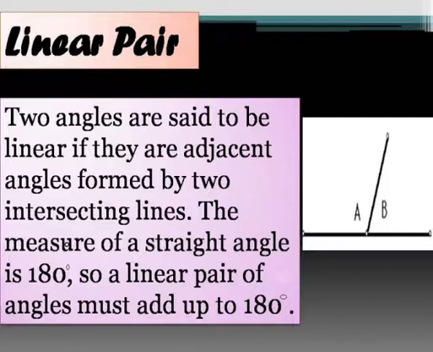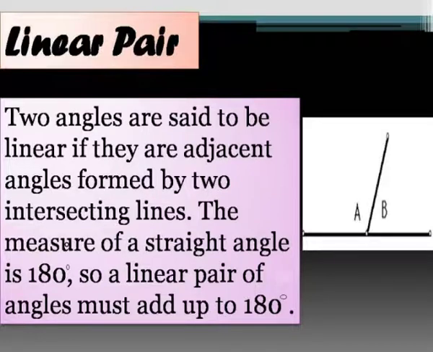We know that the measure of a straight line is a straight angle, that is 180 degrees. So in a line, if you add the adjacent angles it makes 180 degrees, and then it is called a linear pair of angles.